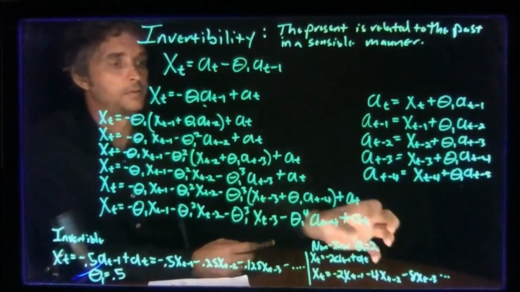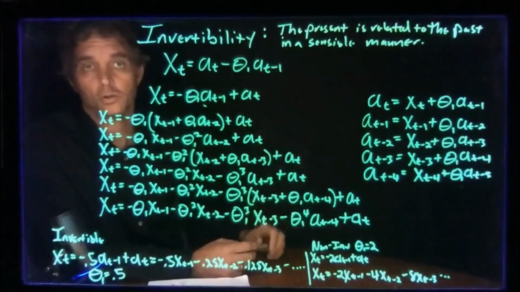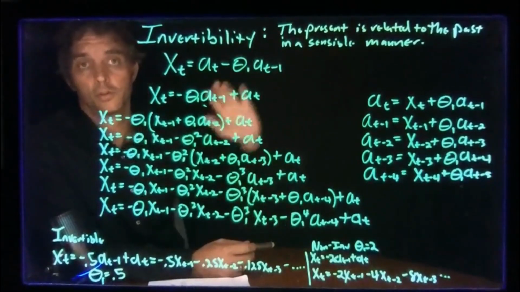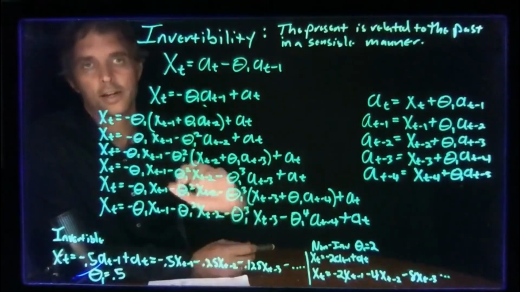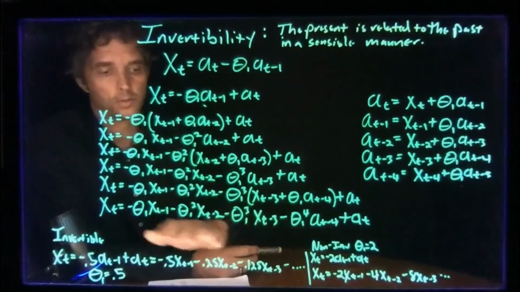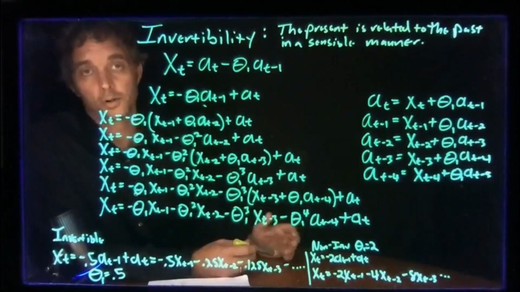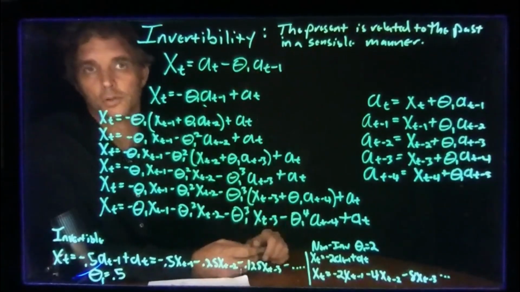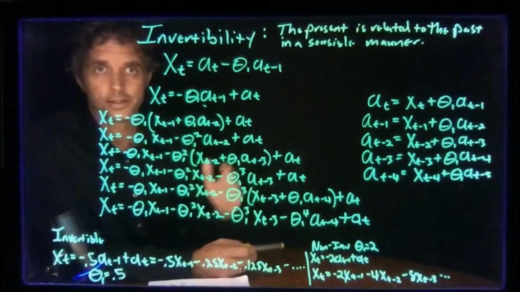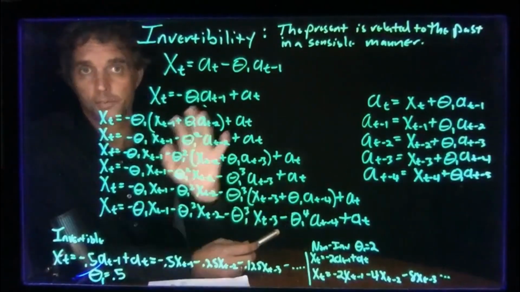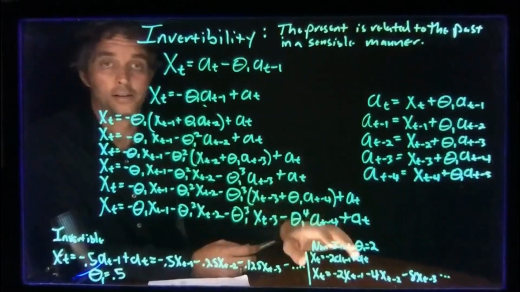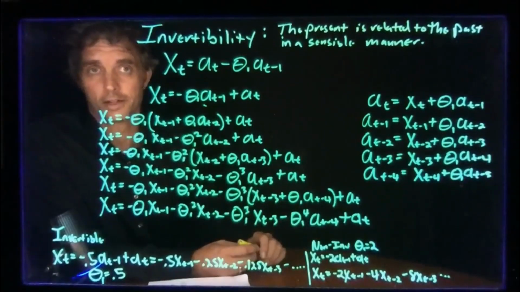The absolute value of those coefficients will diverge from 0, whereas here, those coefficients approach 0. That is a sensible relationship between the present and the past. In invertible models, we have that relationship, and in non-invertible models, we don't.